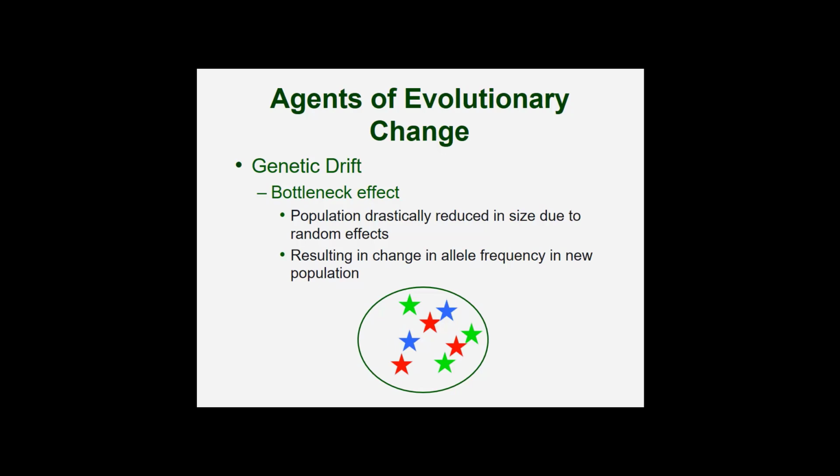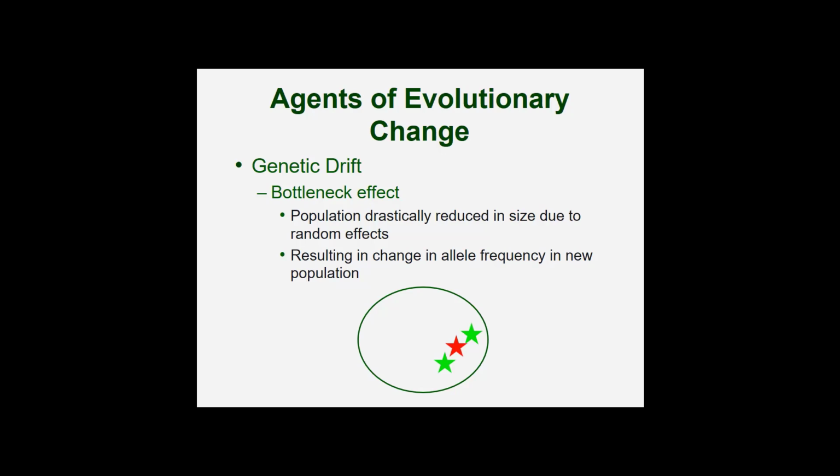And as a result, you have a large percentage of the population dying off in that event. So the bottleneck, you have the population being drastically reduced, thus resulting in a change in allele frequencies. And that, my friends, is the bottleneck effect.